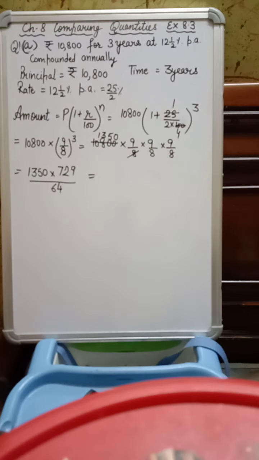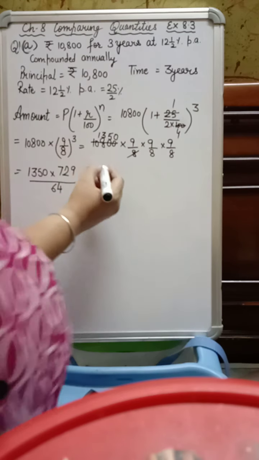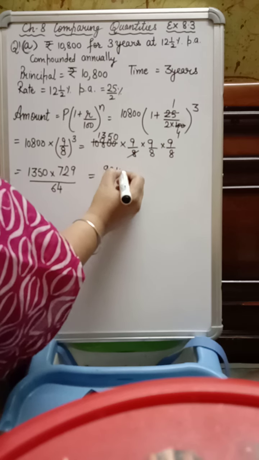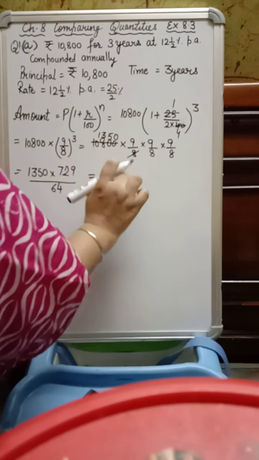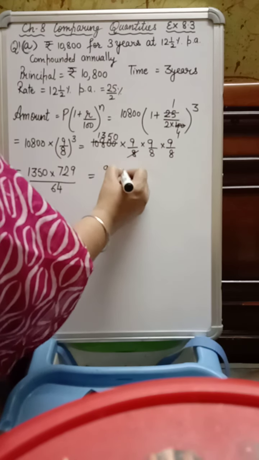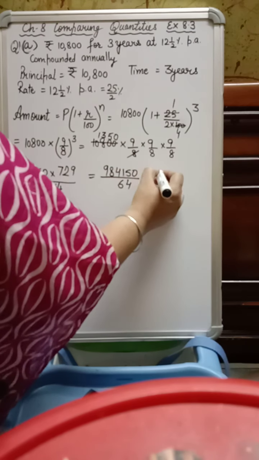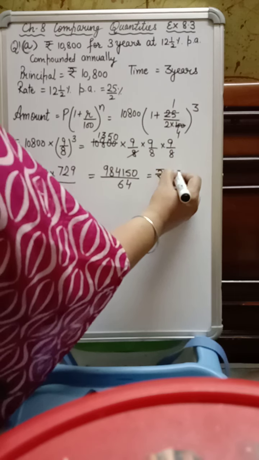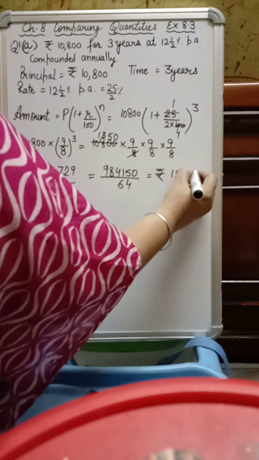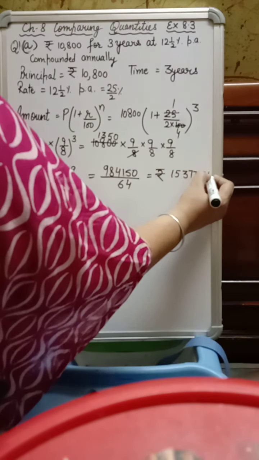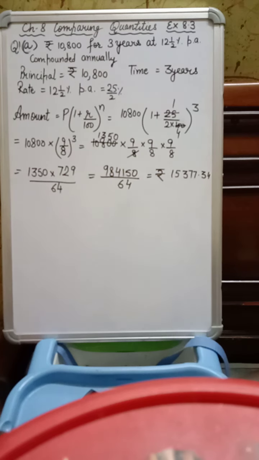Now when you multiply these numbers, you will get 9,84,150 upon 64, and further it will come out to be 15,377.34. Now this is your amount.